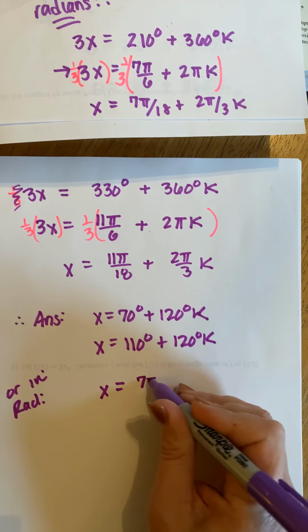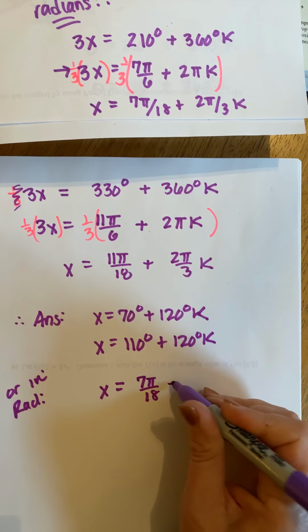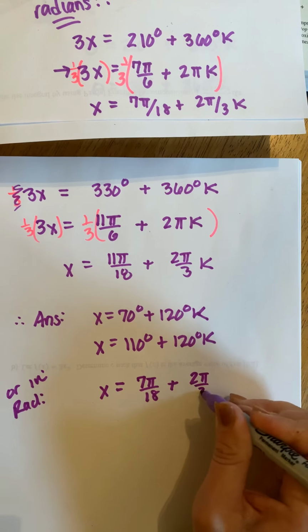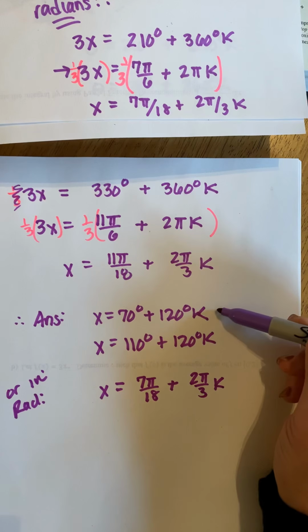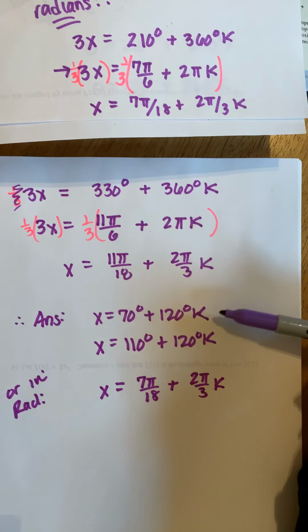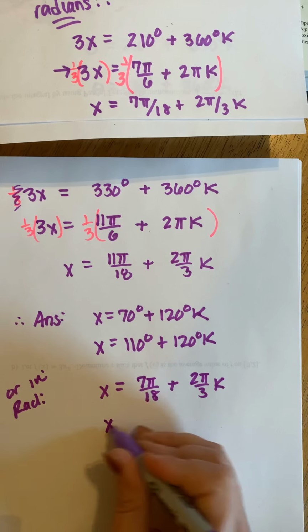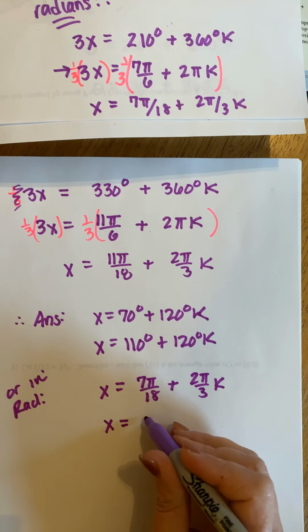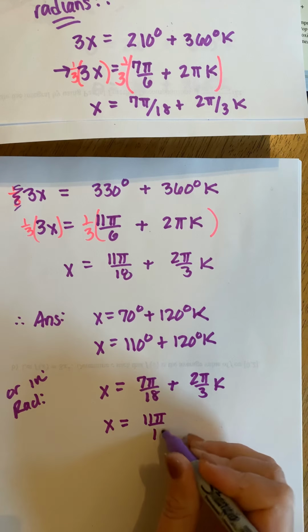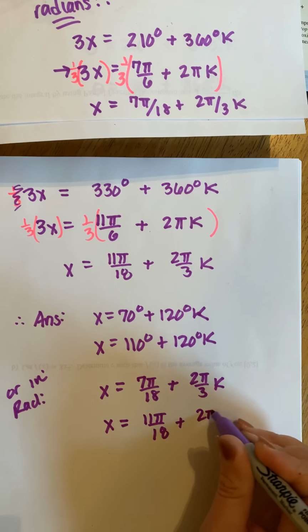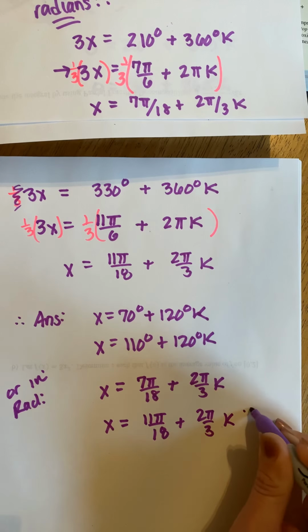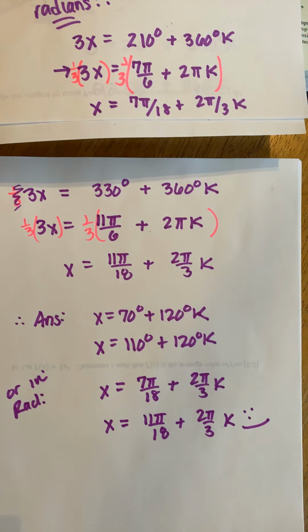We have 7 pi over 18 plus 2 pi over 3 k. You are welcome to use your templates to convert from degrees to radians at this point if you find that easier. This is going to be 11 pi over 18 plus 2 pi over 3 k. And there we go.